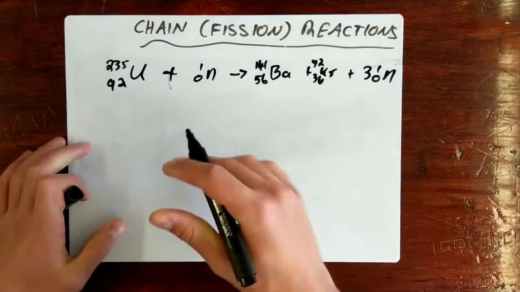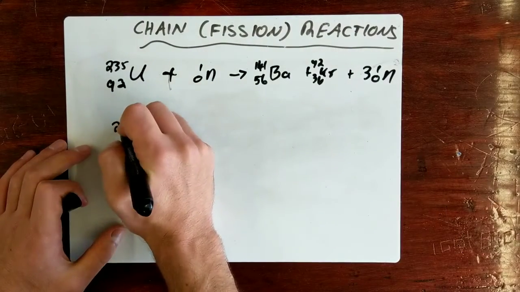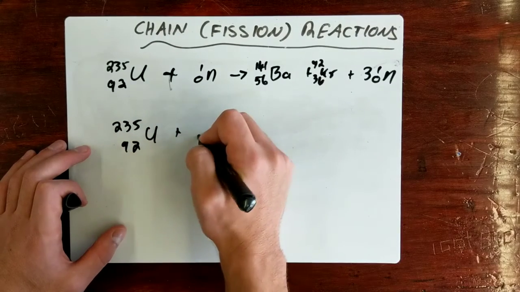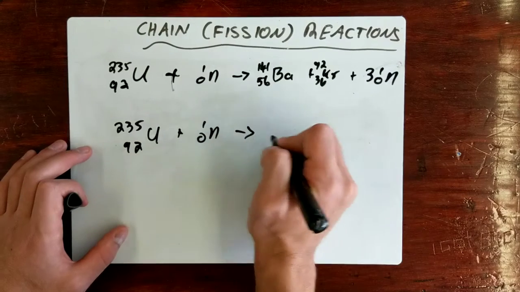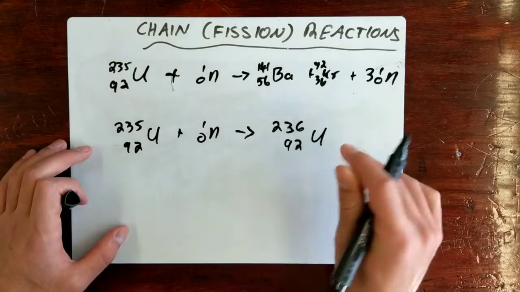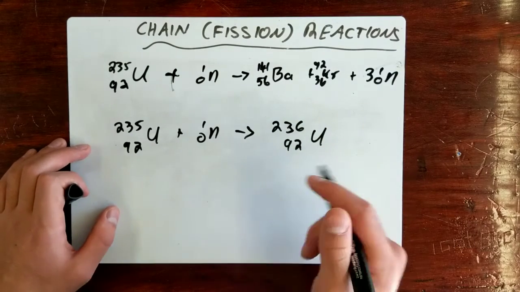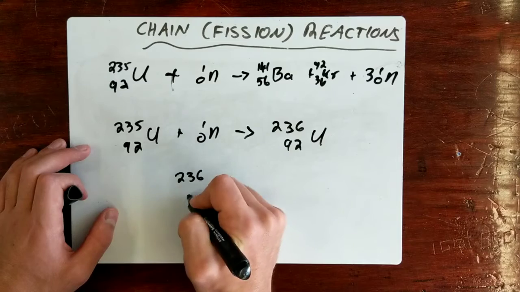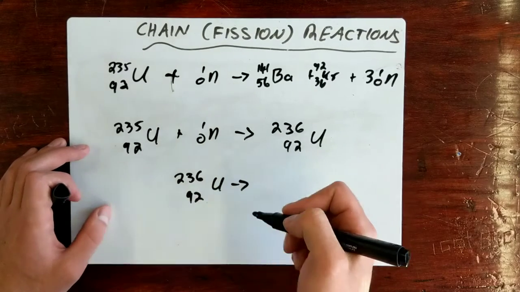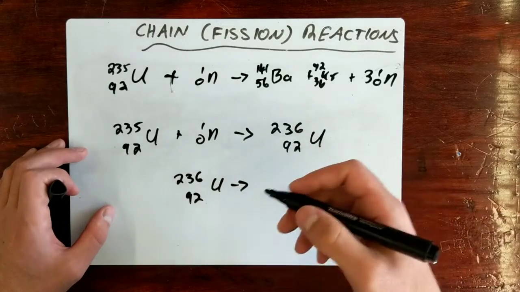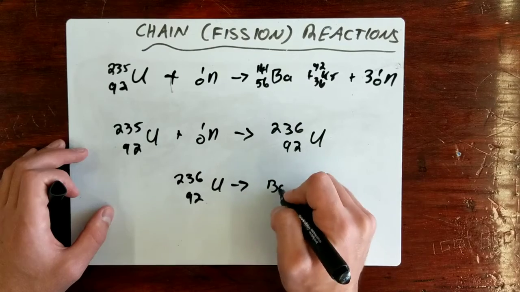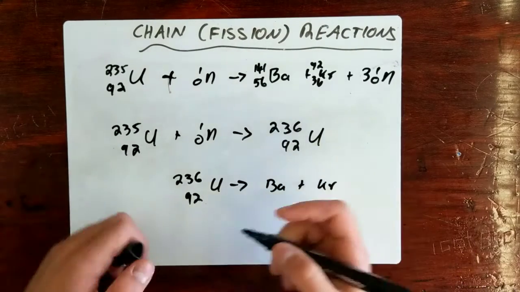Instead, it's more like a two-step process, where the uranium nucleus is absorbing the neutron to become uranium-236. And then, since uranium-236 is so unstable, in order to become more stable, in order to increase its binding energy per nucleon, which we've spoken about before, it will split into the barium and the krypton and the 3 neutrons.